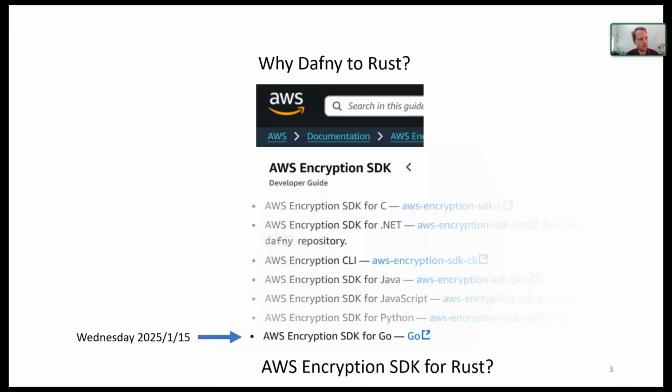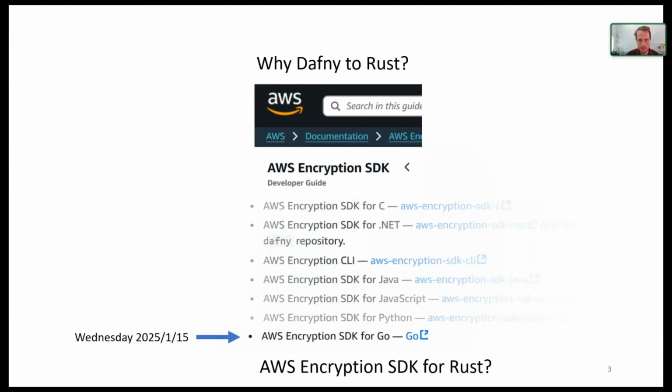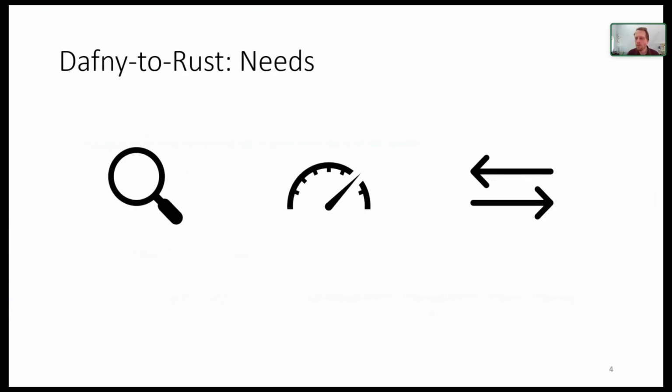So for the story, I developed the compiler for a few months, and then Fabio and Siva joined me at the end, so that we were able to publish a compiler for Rust from Dafny'25 in mid-July last year. That was a great success. Along the way, we gathered a few needs for this compiler because it was based on a novel architecture with an intermediate representation that Daniel mentioned earlier.